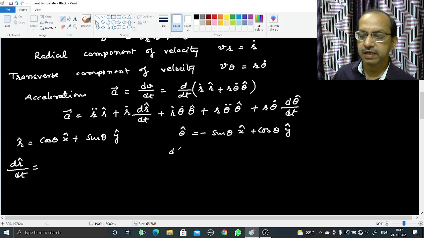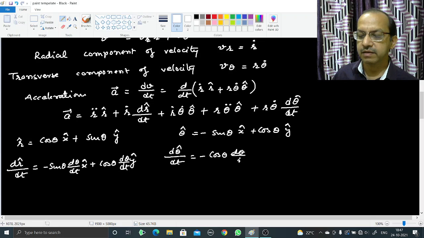We will calculate d theta cap over dt from here. It will be minus sin theta d theta over dt x cap minus cos theta d theta over dt y cap.